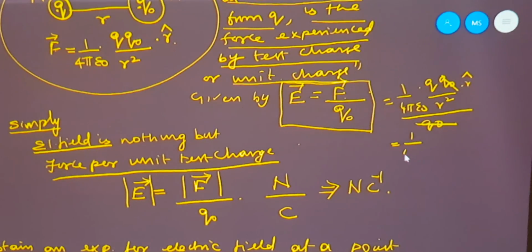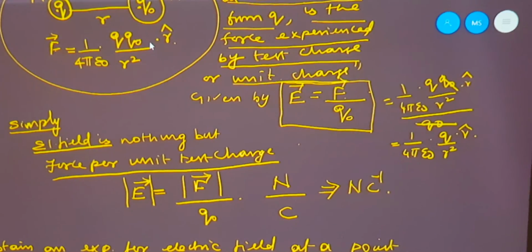Q0 cancels, so you get 1 by 4 pi epsilon 0 Q by R square into R cap. Understood? The same concept I have determined here by asking a question.